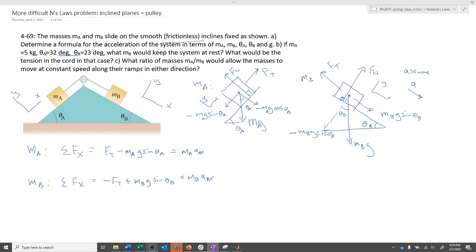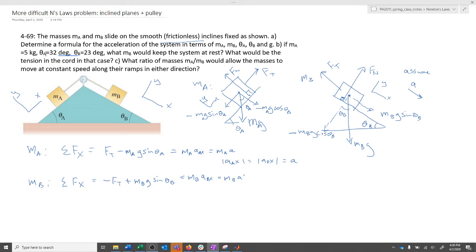And since these objects are connected together, the size of those will be the same. So in other words, we're just going to call this a. So we can simplify this a little bit. I've made it deliberately a little more complicated and then shown you explicitly how those two are the same.